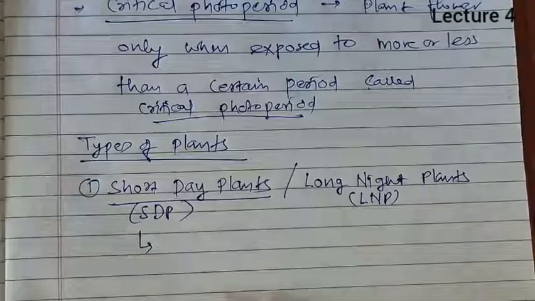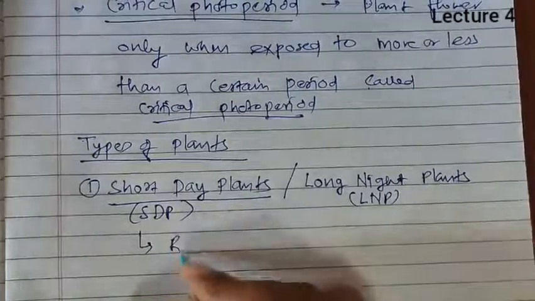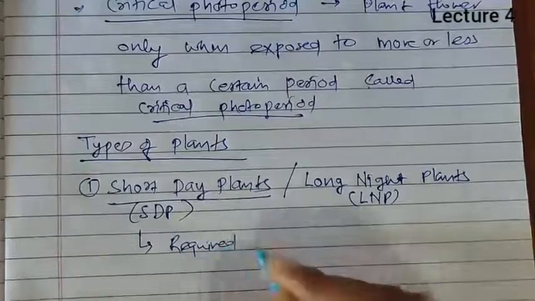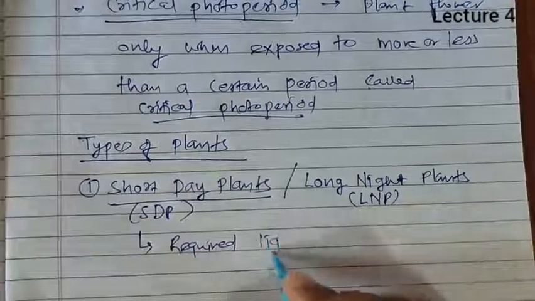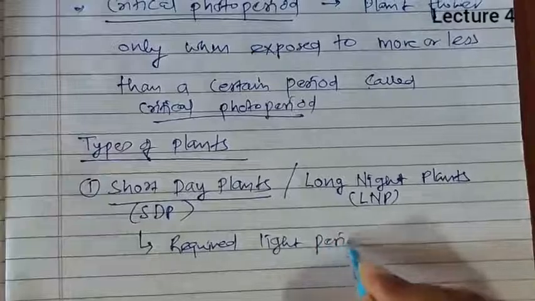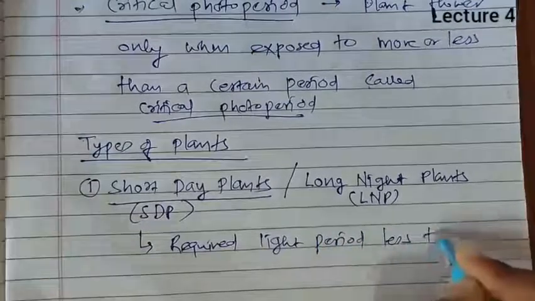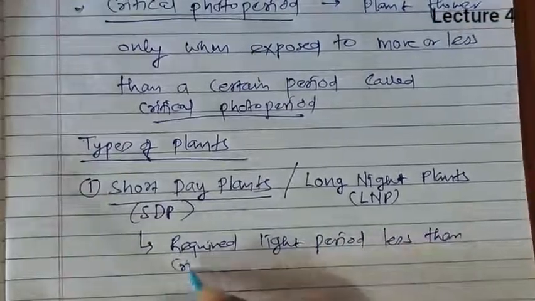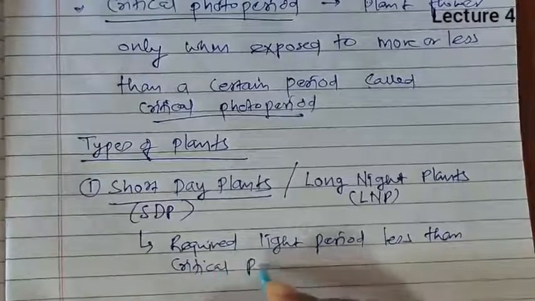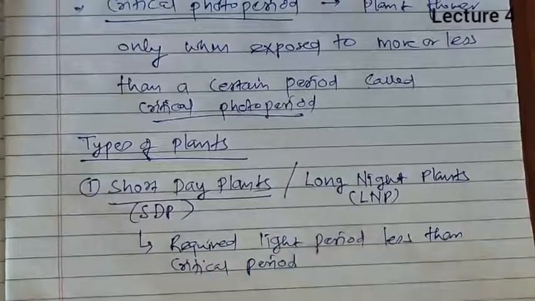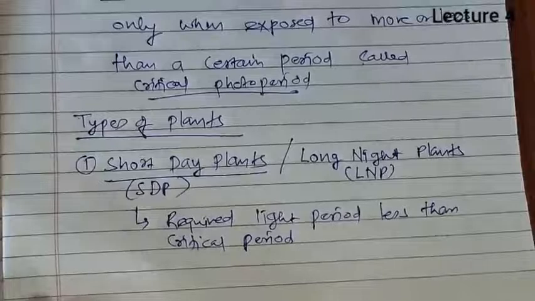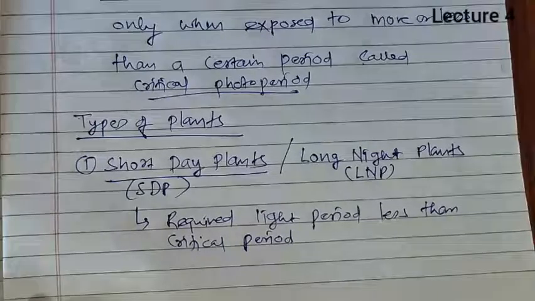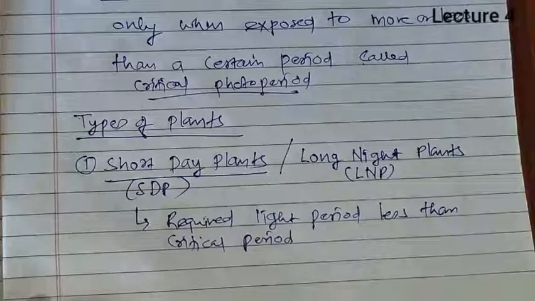So short day plants require light period less than critical period. So they will flower only when the light period is available less than the critical period.